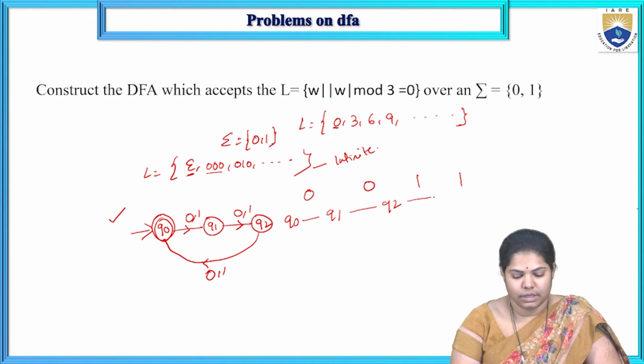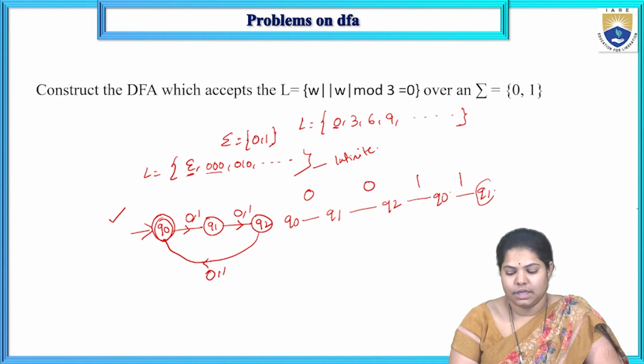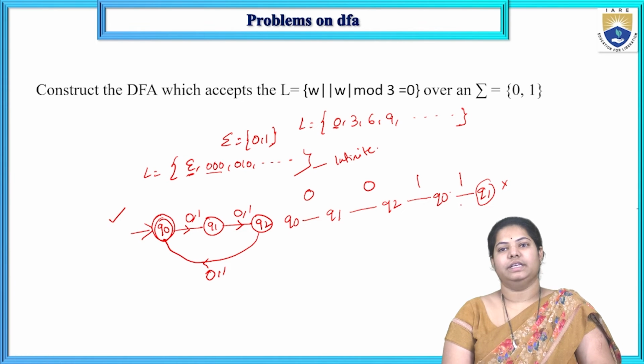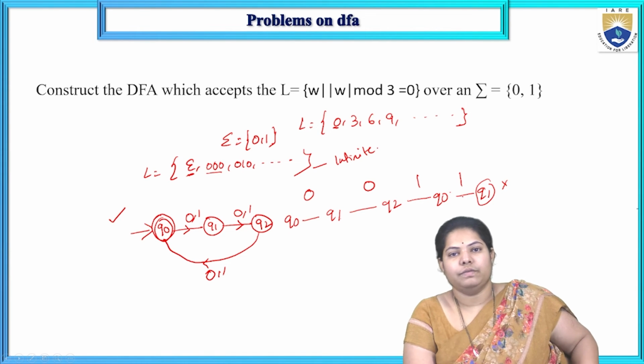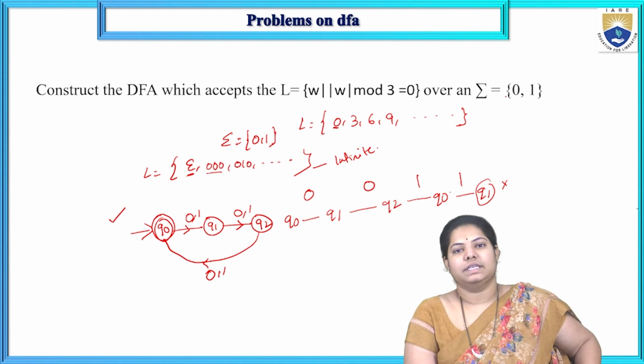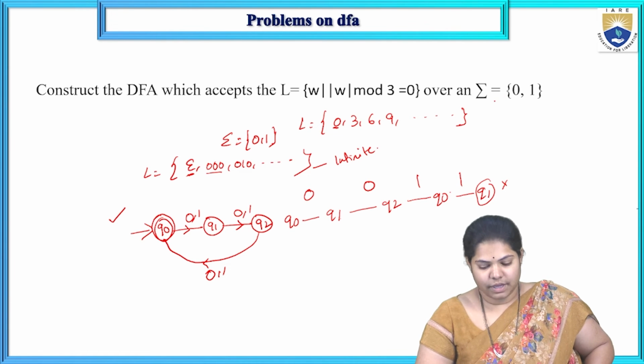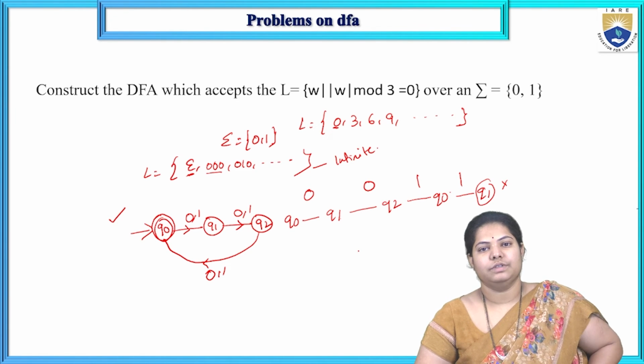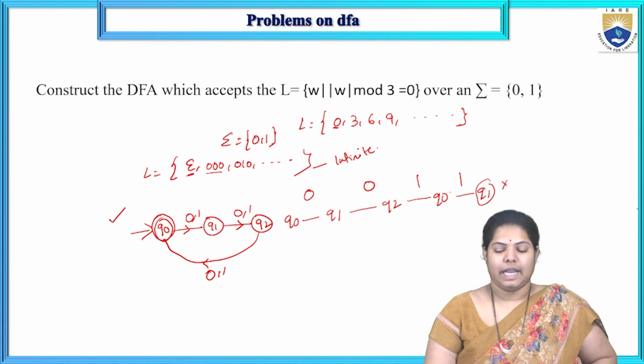Q2 on seeing 1 reaches Q0. Q0 on seeing 1 reaches Q1. Here Q1 is not a final state. So therefore the string of length 4 is rejected. In the same way, it will reject all the string lengths which are not present in the language.